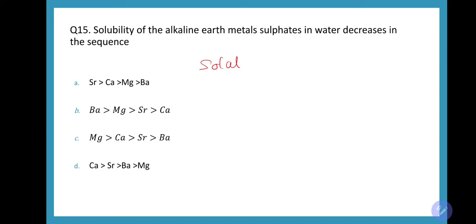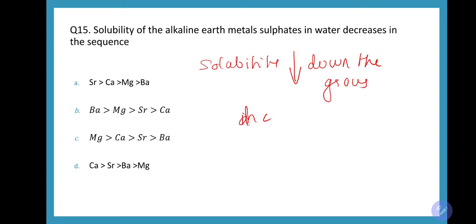Why? Because of decrease in hydration energy. So the correct answer is C, that is magnesium, then calcium, then strontium, and then barium.